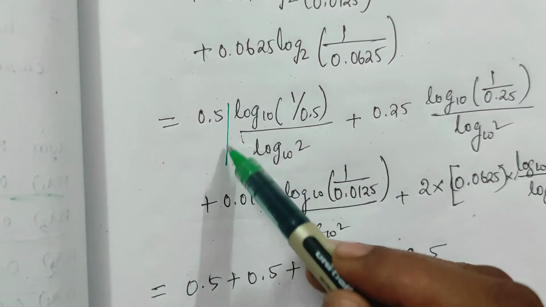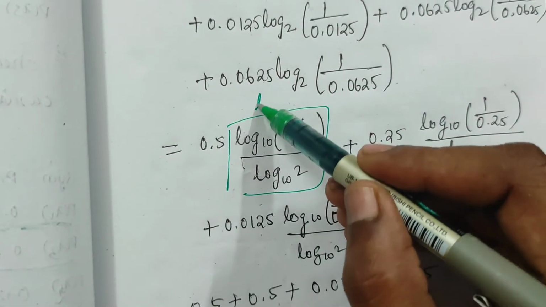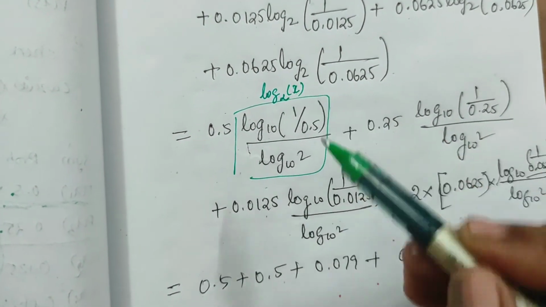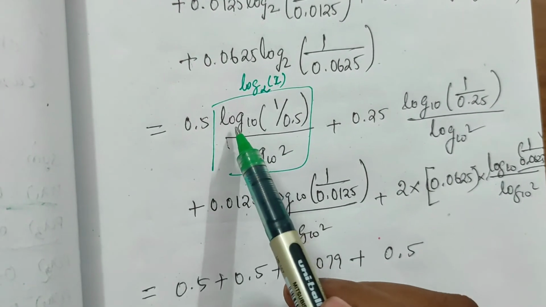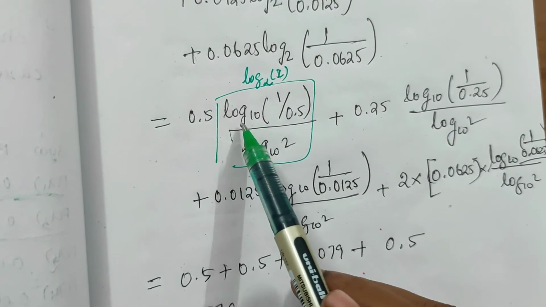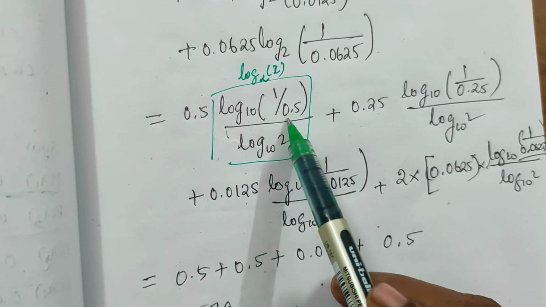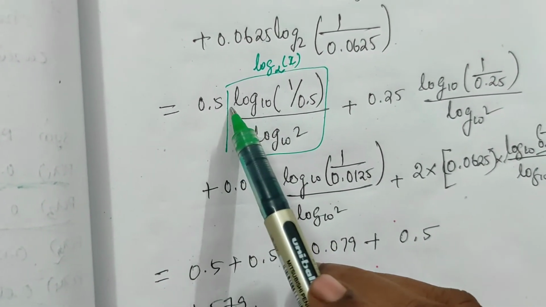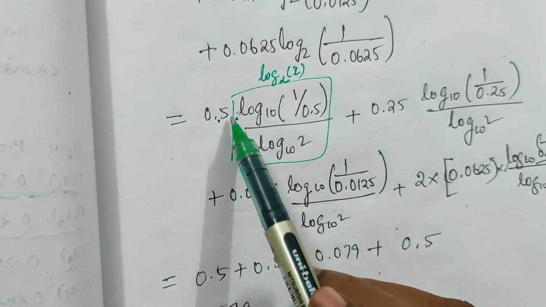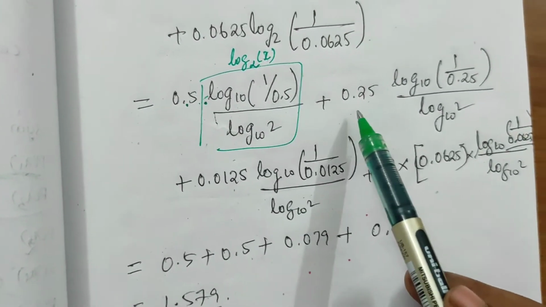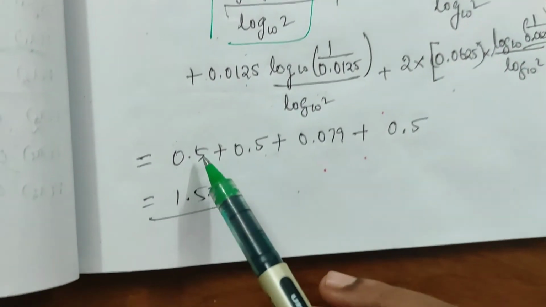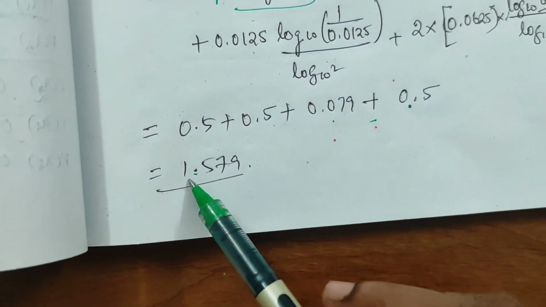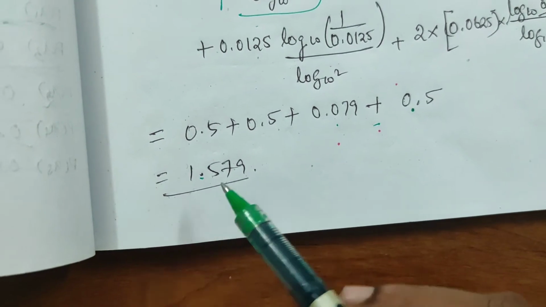This gives the logarithm of any x to base 2. Similarly, type log of 1 divided by 0.25 divided by log 2 and you will get an answer. Multiply that by the probability, that is 0.5. Follow the same for all cases and add them. The answer here is 1.575.